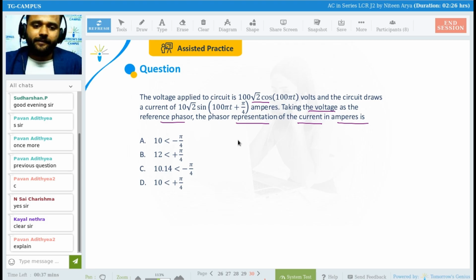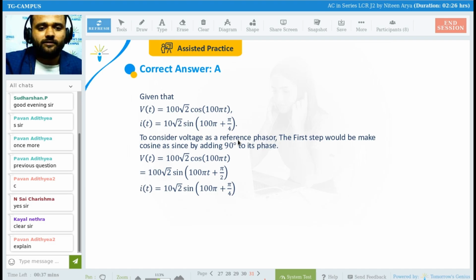See, V is given, I is given, and this theta or phi is also given. So we need to know what they ask: taking the voltage as a reference phasor. Reference phasor means you need to take this voltage as 0. So given that V is this much and I is this much, to consider voltage as a reference phasor, the first step would be to make cosine a sine, because I need to take this as a reference.